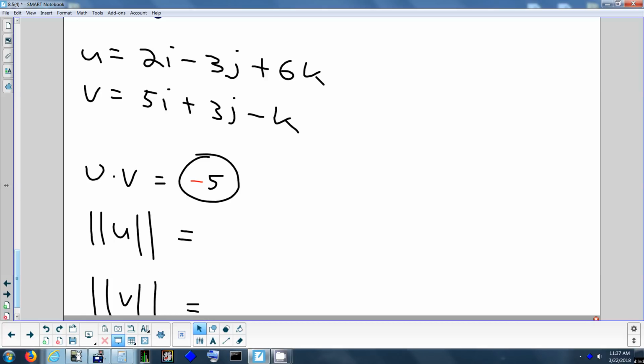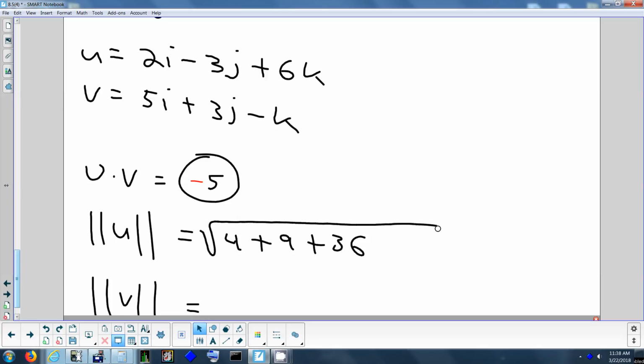Maybe something else, but I don't know. Not sure. Anyone help him out to find the magnitude of u? Square root of, do you want me to say the numbers? You can square them as you go if you want. 4 plus 9 plus 36. Yep. So she did the square root of 2 squared plus -3 squared plus 6 squared.